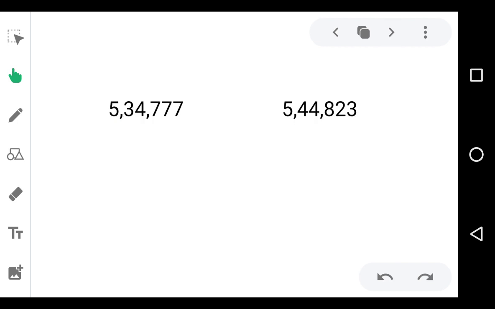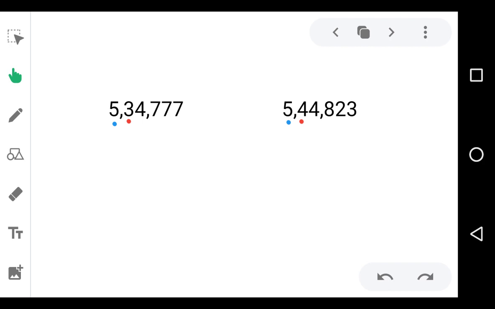We see another example. See here. These both are 6 digit numbers. Then see the digit at the lakh place, here is 5 and here is 5. They are same. Then we see the digit in the 10,000 place. Here is 3 and here is 4. So, how is 3 to 4? 3 is smaller than 4.